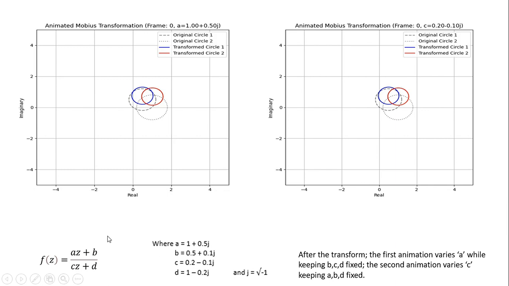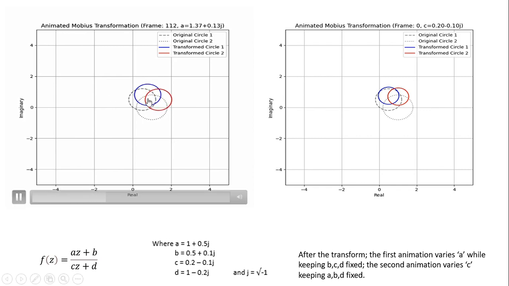So here we see that the circles have been transformed under this transform where a, b, c and d values are given. And okay, so these gray shaded circles are the original circles and the blue and the red are the transformed circles, which is a product of the following transformation.